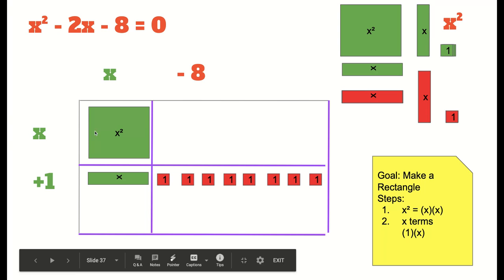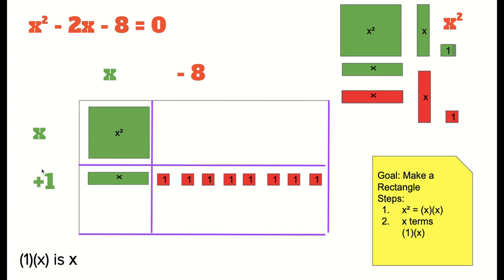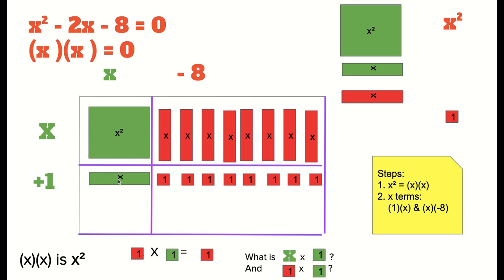Now, if we have 1 times negative 8 here, that means we also have 1 times x. And 1 times x will give us x. And here we have 1 times negative 8 gives us negative 8. That means we have x times negative 8, which will give us negative 8x here. Looks like that.